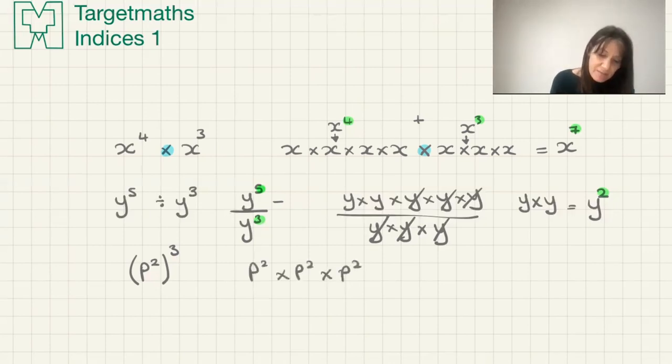And then if I go back to what we did originally with our timesing, the rule when you have a times question, which is what I've now written, is to add the powers. And if I add those powers, 2 plus 2 plus 2, I get p to the 6. So the shortcut of this type of question is to multiply the powers.